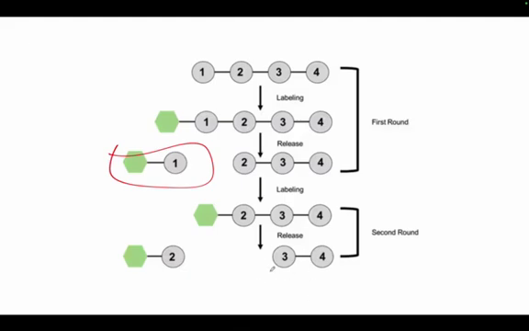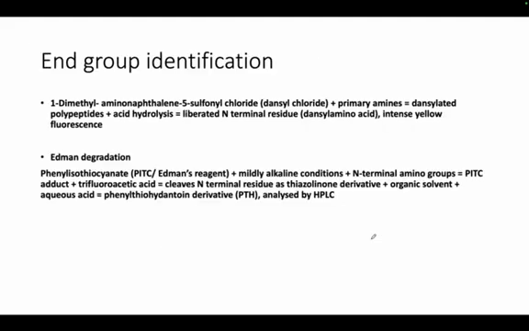We detect the identity of 3, 4, 5, 6, and so on. So we can sequentially label the N terminal residues of the amino acid chain and detect them. There are two ways in which you can label the amino group at the N terminus of proteins.